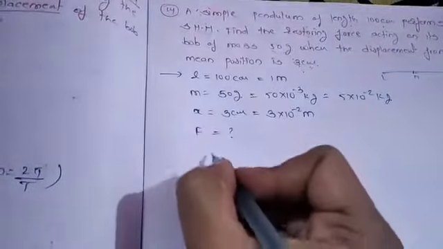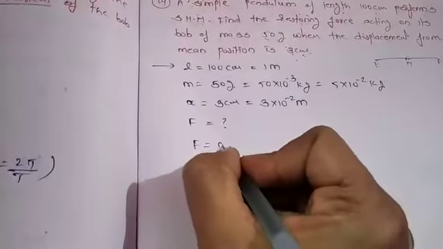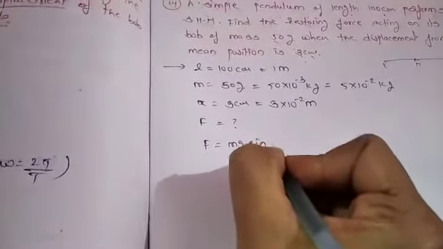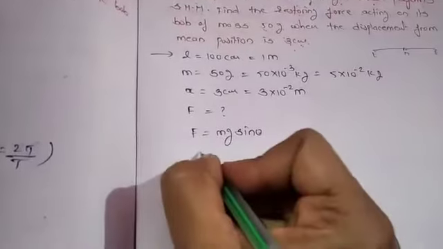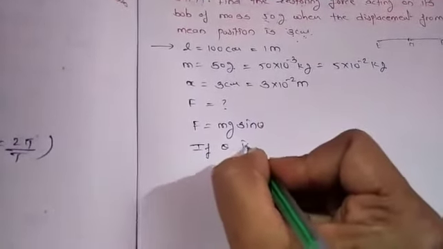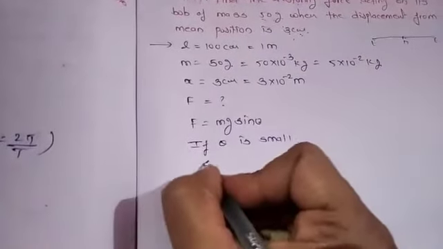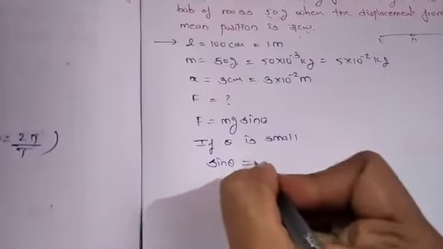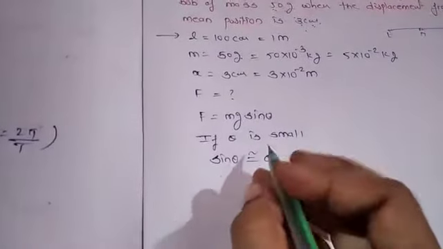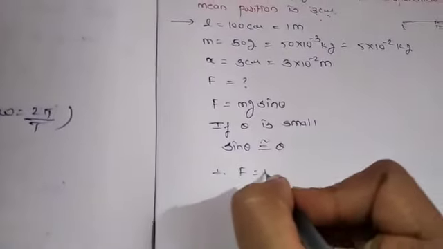So here we have the formula for restoring force. F is equal to mg sine of theta. Here, if this theta is small, then we can write sine of theta is equal to theta. So therefore the formula for the force becomes F is equal to mg into theta.